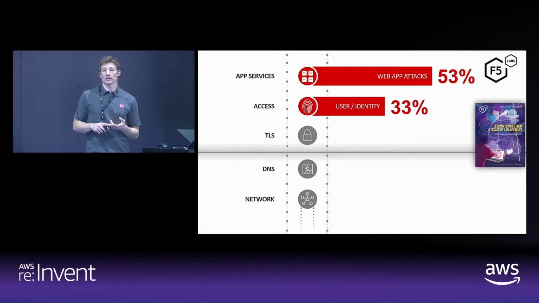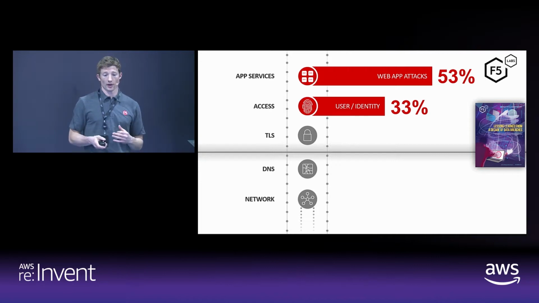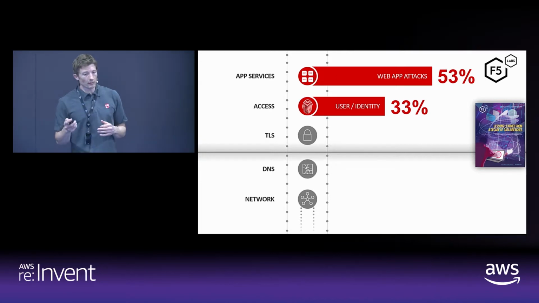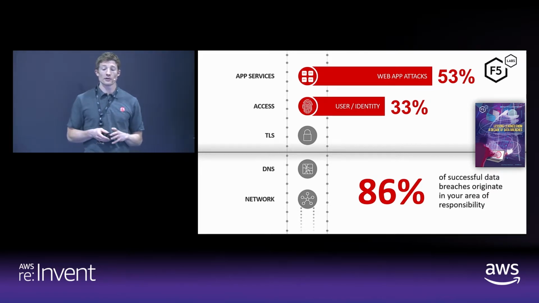So those could be things like credential stuffing related attacks or breaches or losses of administrative credentials. So what this ultimately means is that 86% of successful data breaches originate in your area of responsibility in the cloud, right? So 86%, that's a pretty big number there.